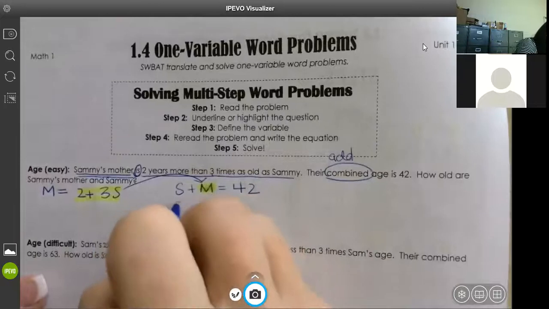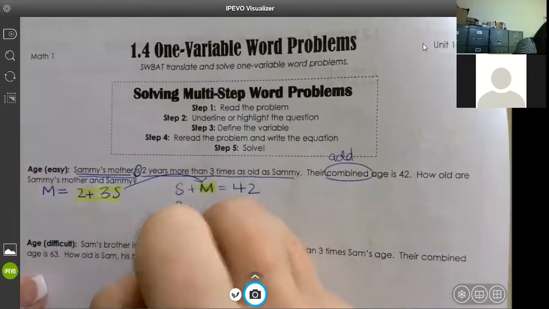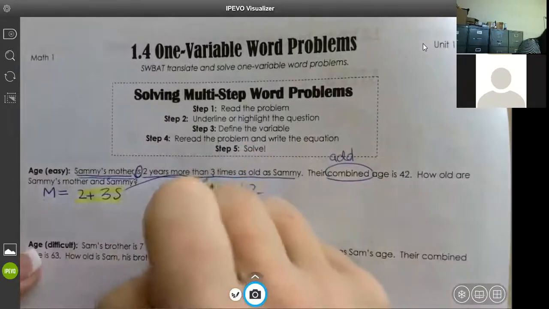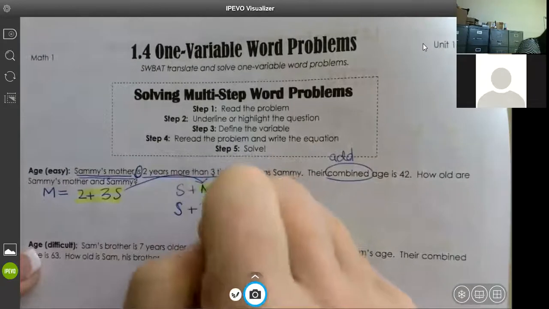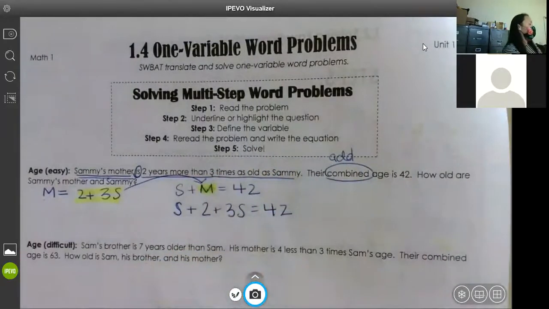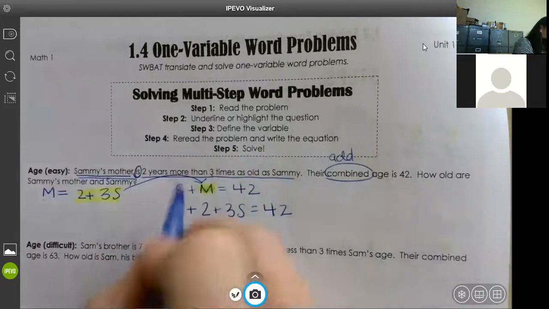So S is Sammy plus, this is probably one of the hardest ones you'll do, okay? Mom was 2 plus 3S, gives us 42. These are the same problems that we were working in the beginning of the week. We need to put our S's together.